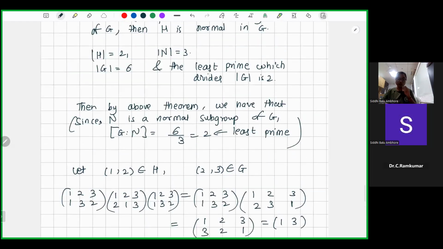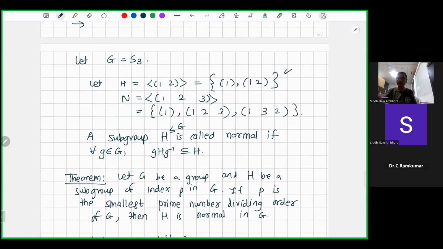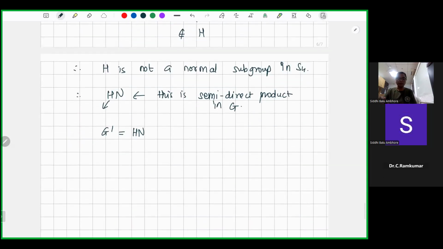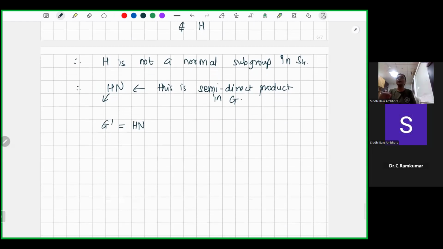Note that both of these are cyclic, of order 2 and 3. H and N are both subgroups in G of order 2 and 3. My claim is that this H into N is the whole of G.